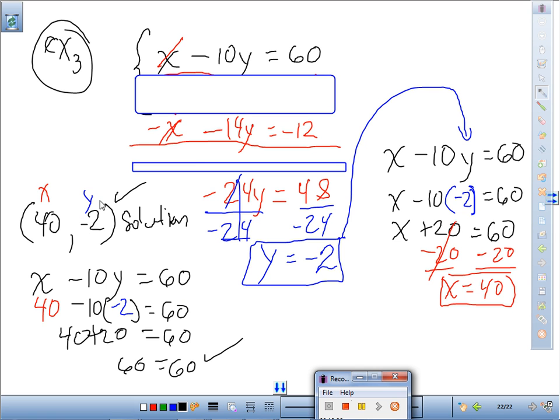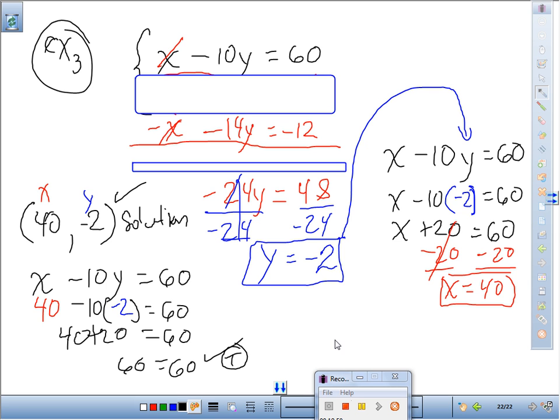Very good, I heard. Because if I was to graph both equations, this is the point where both of them intersect. Or, if I was to substitute this into both equations, it makes both equations true. Everybody remember that? That was a statement that we started writing for systems that I wanted you to understand. Is that correct?